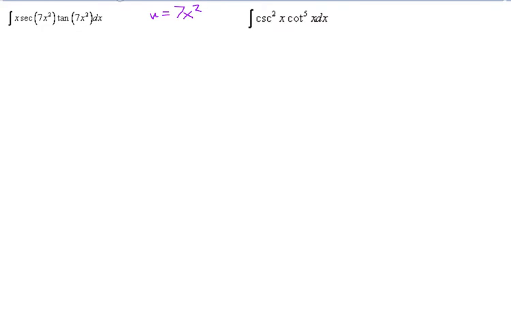then we can rewrite our integral. We still have the x there. But now we can write it as secant of just u, since we say u equal to 7x squared, and tangent of u. And then we don't want the dx in there, we want to get all in terms of u, so that's why we take the derivative. du dx is the derivative of 7x squared, which is 14x.